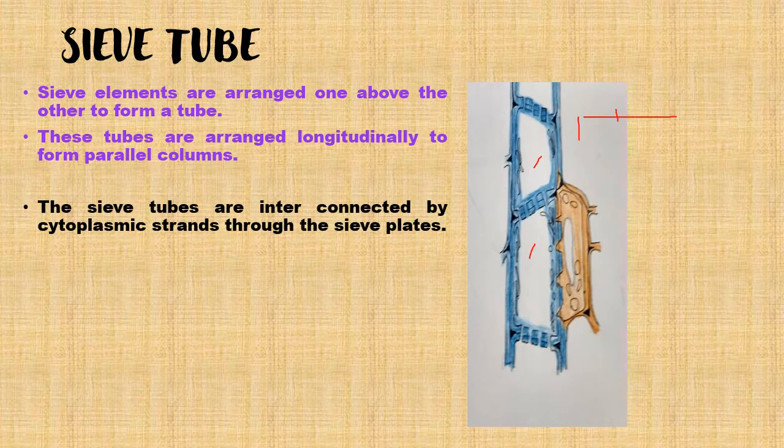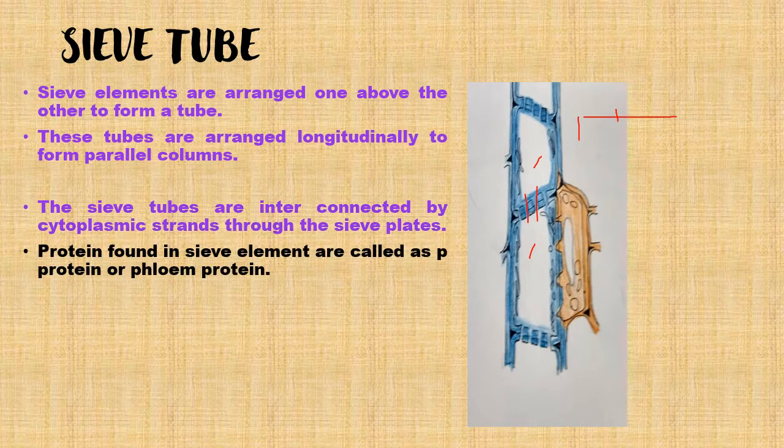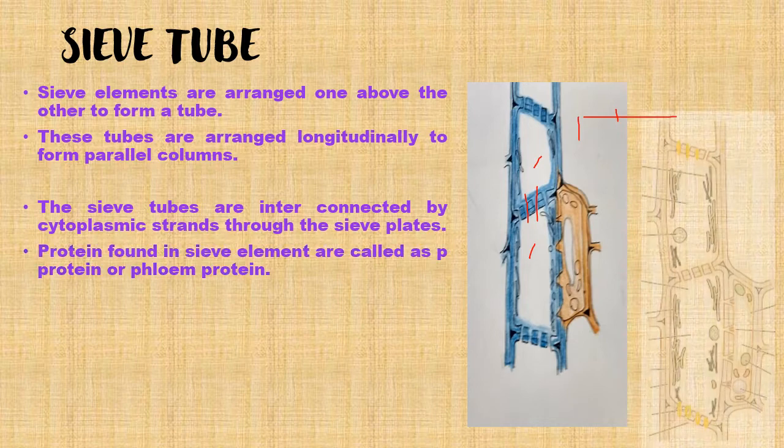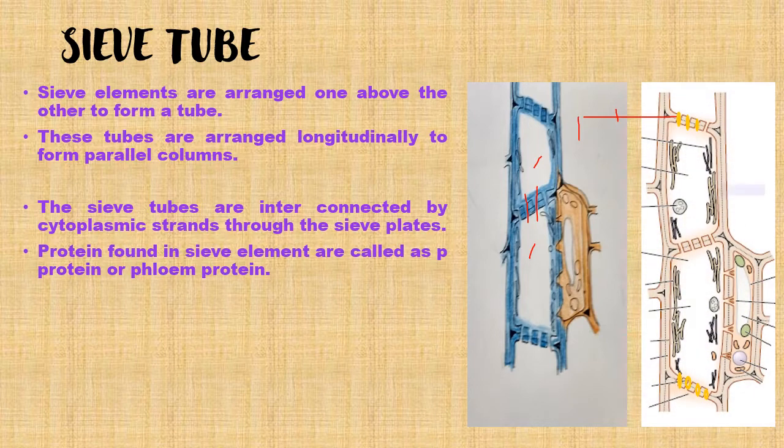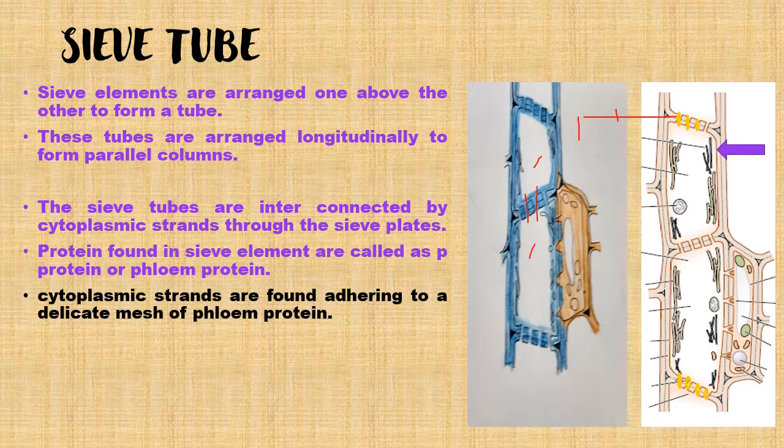The sieve tubes are interconnected by cytoplasmic strands. One protein found in the sieve tube element is called P protein. It's a very important protein, which means phloem protein. We can see here some cytoplasmic strands which are found adhering to the P protein.